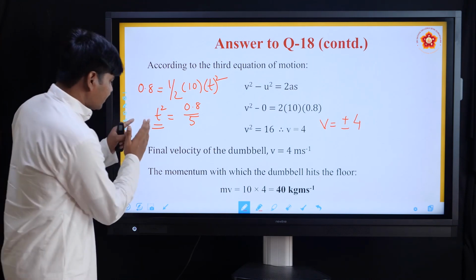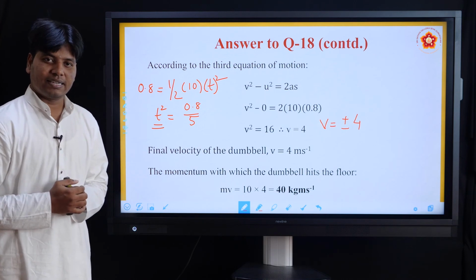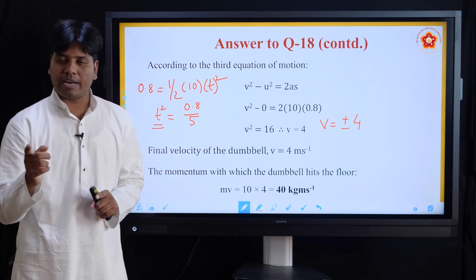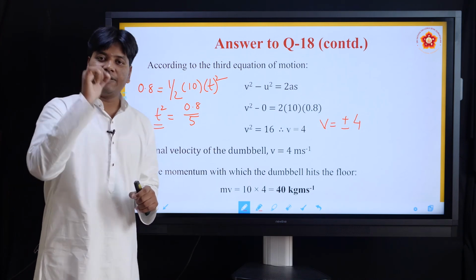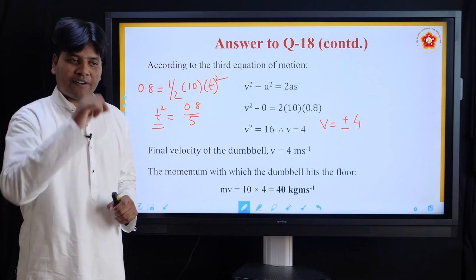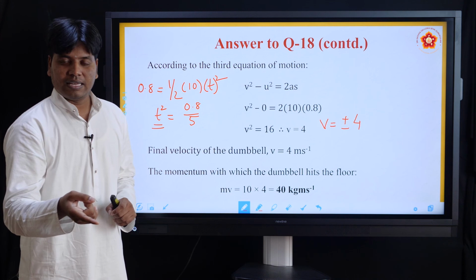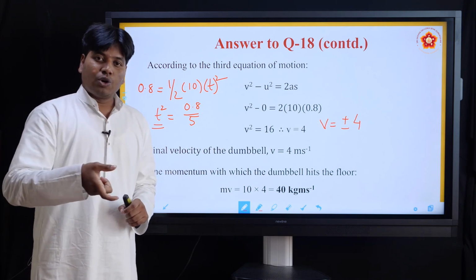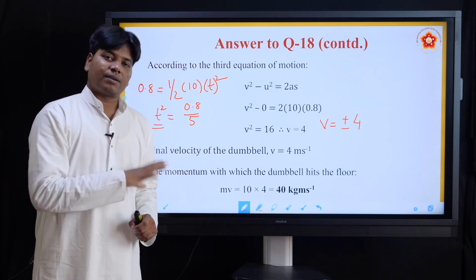Right? What do the two values of the time mean? That means one is a minus value, one is a positive value. The positive value of the time suggests that the event will happen after this much time afterwards. The negative time says that the event could have started this much time before.